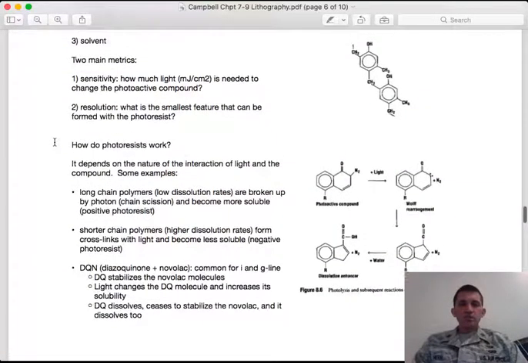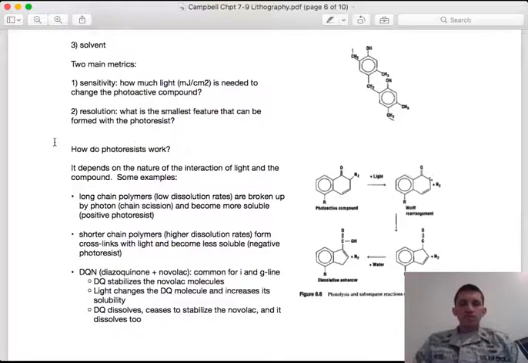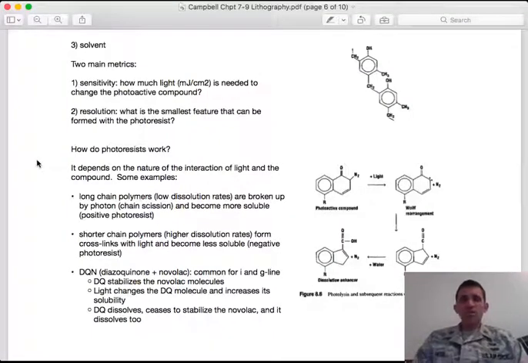Photoresist is measured by two primary metrics. One is the sensitivity, and this is a measure of how much light is required to elicit the change in the photoresist. Meaning, basically how sensitive it is to light exposure.